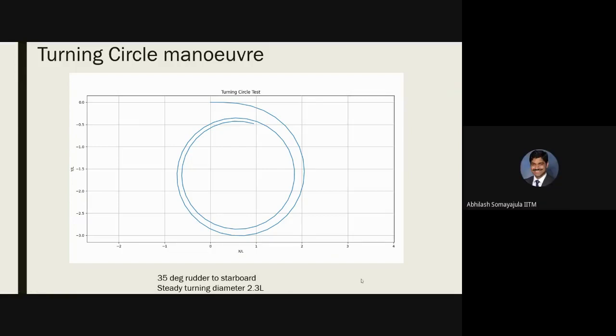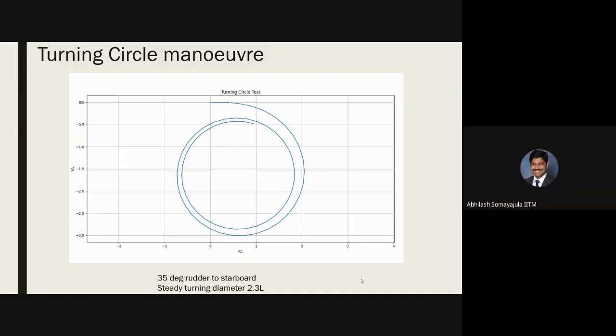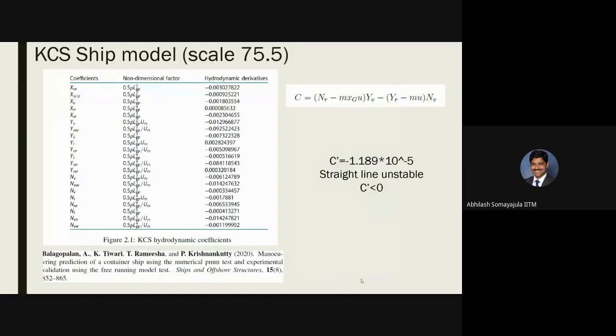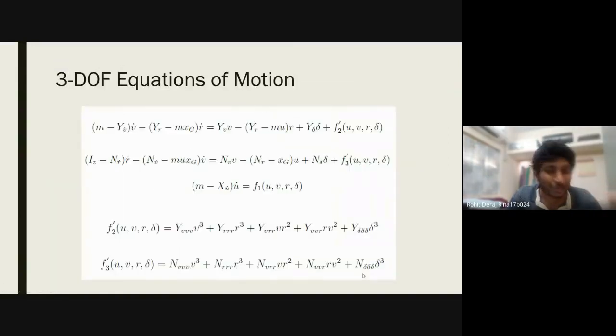Okay, I know the answer to the question that I'm about to ask, but I'm going to ask it anyway for the benefit of the others. In your table, we did not have any rudder hydrodynamic coefficients. How did we get them? The rudder hydrodynamic coefficients were actually tuned by me.